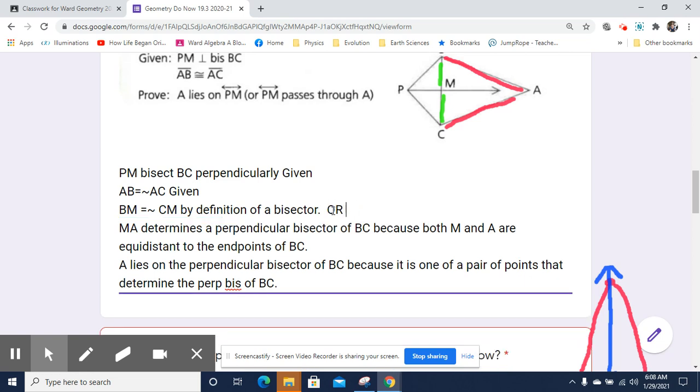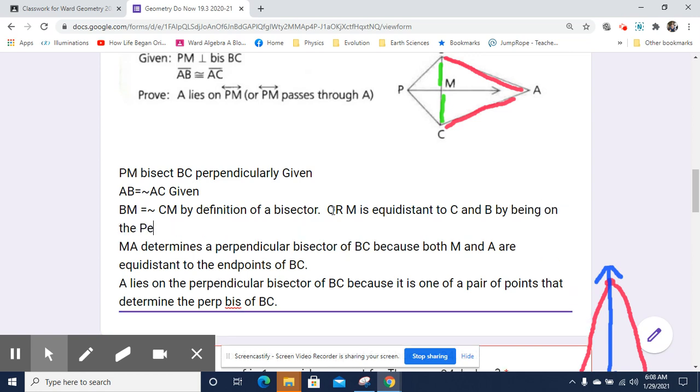M is equidistant to C and B by being on the perpendicular bisector, theorem 23.